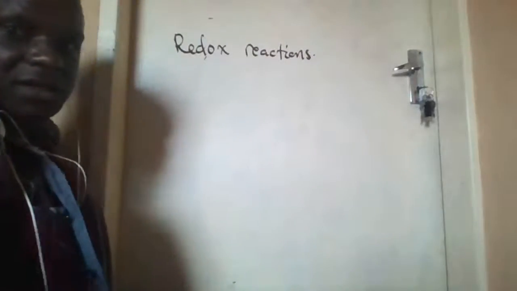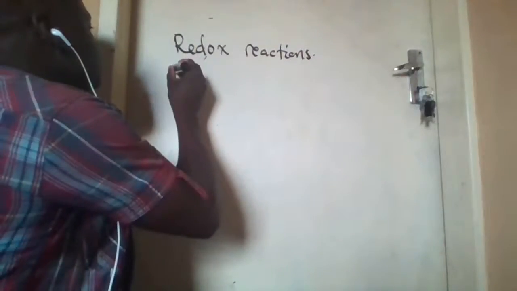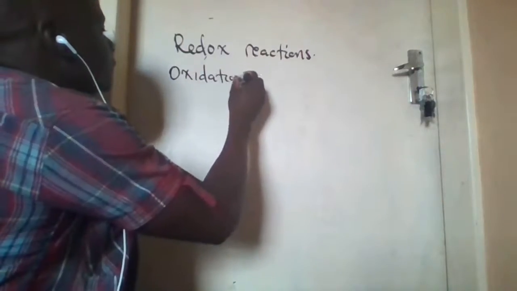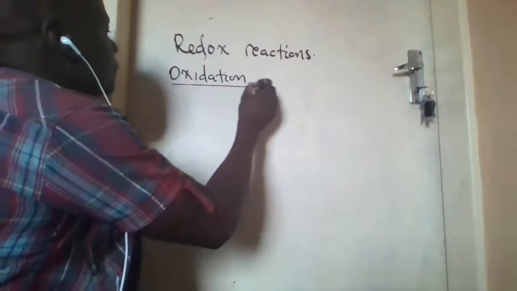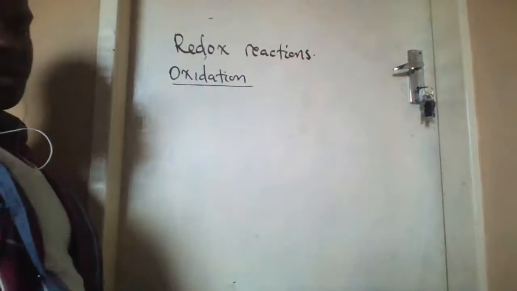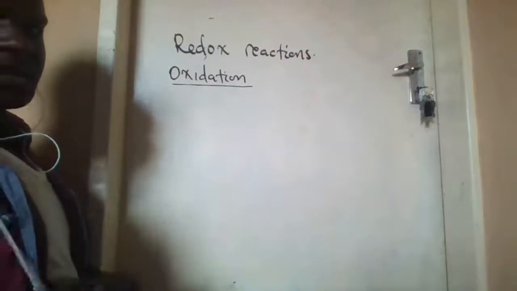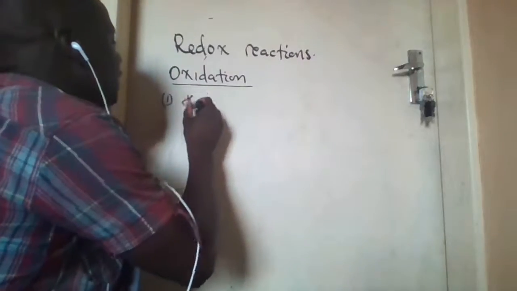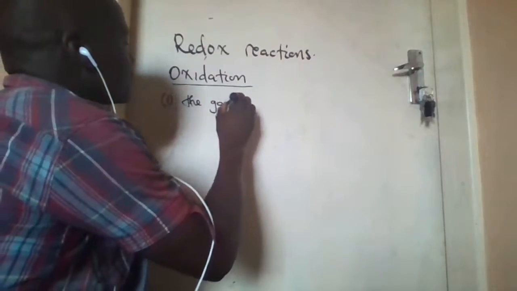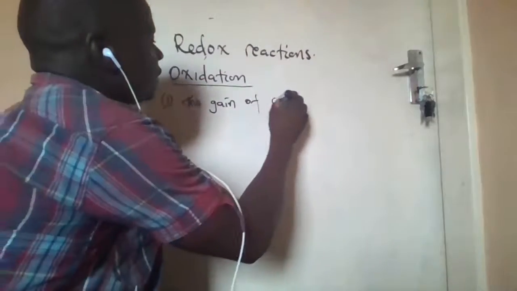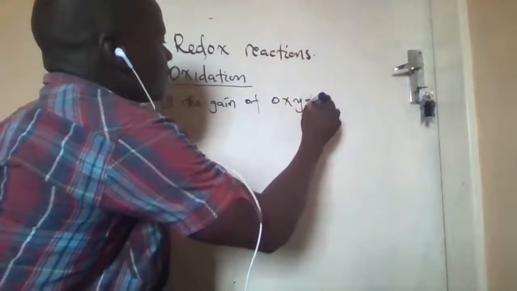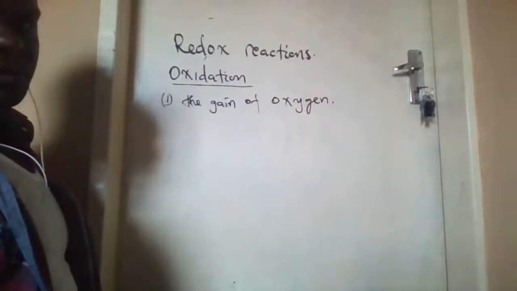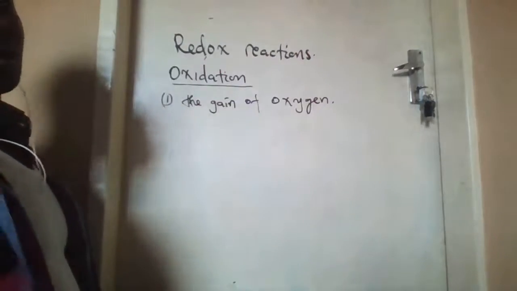Now, what is oxidation? Oxidation can be defined in three ways. One, we can talk about the gain of oxygen, or we can say the addition of oxygen to a substance, a chemical species, can be defined as oxidation.